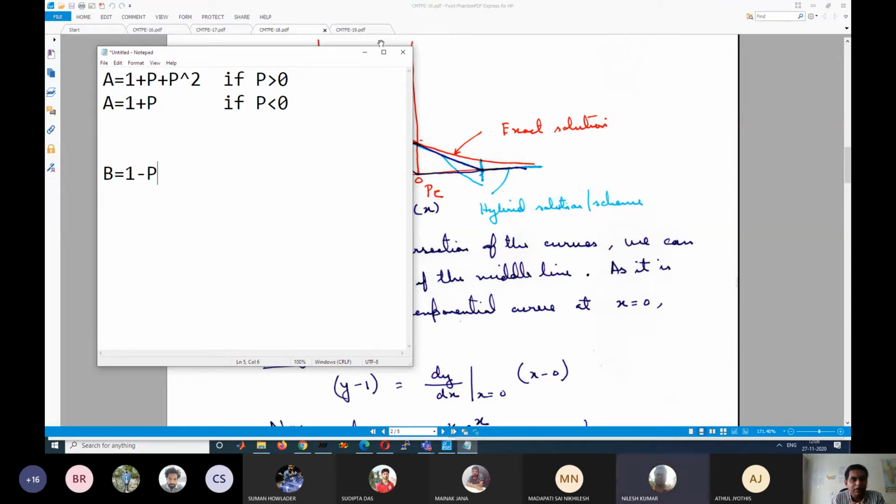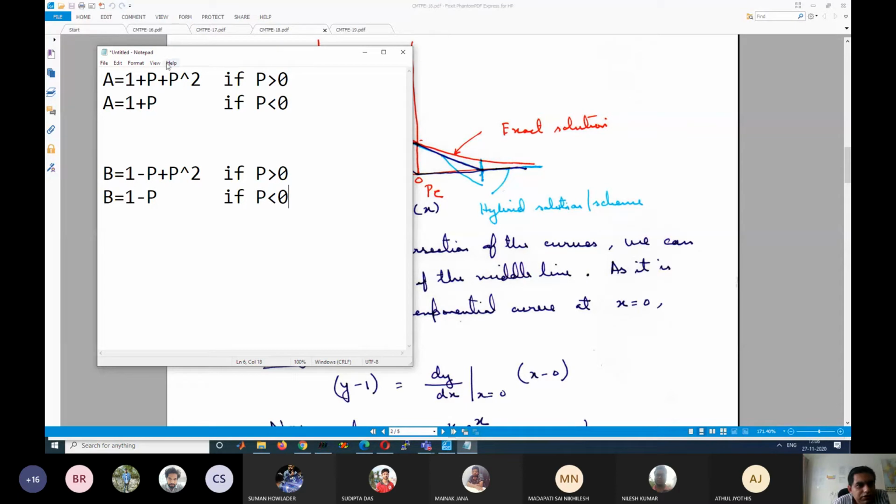You have to place minus P in place of P, and you don't have to do anything else, right? If you place minus P in place of P, what value you get? 1 minus P plus P square, right? You get that for the condition P greater than 0, and B is equal to 1 minus P, for P less than 0. Okay.